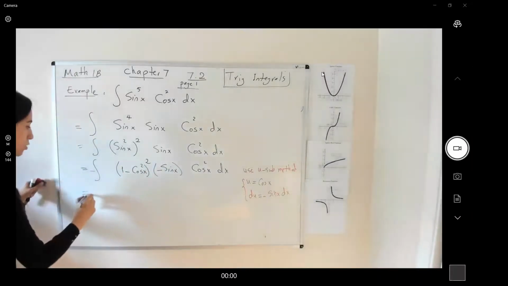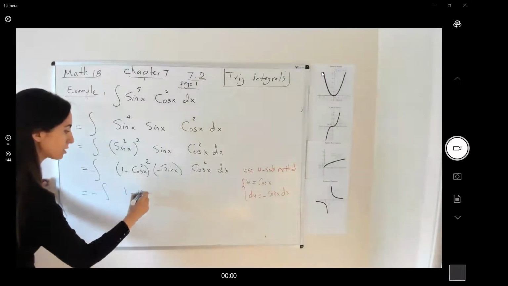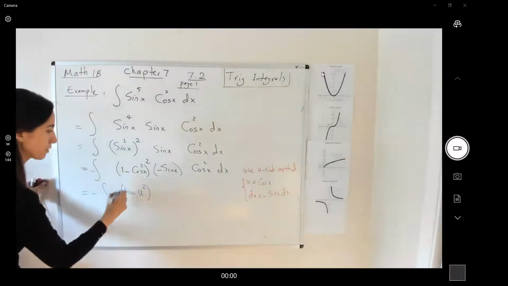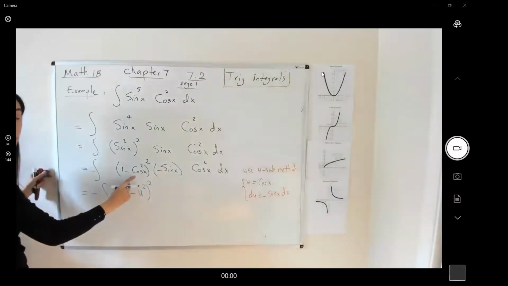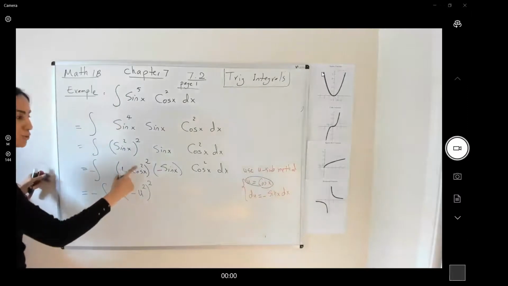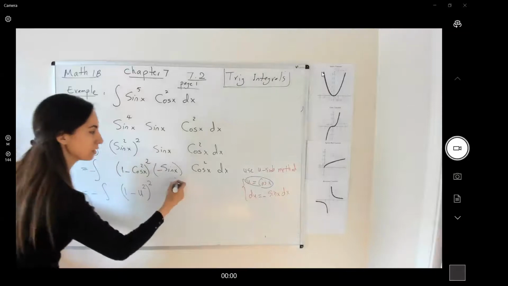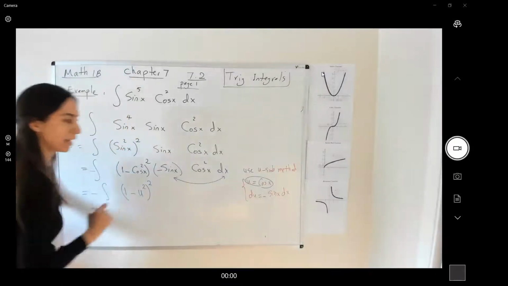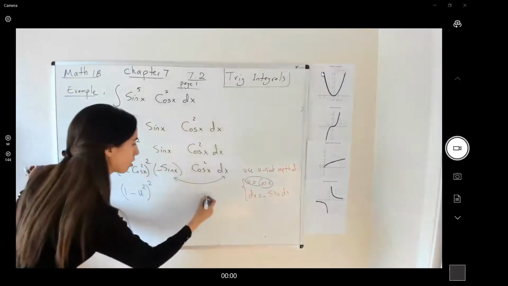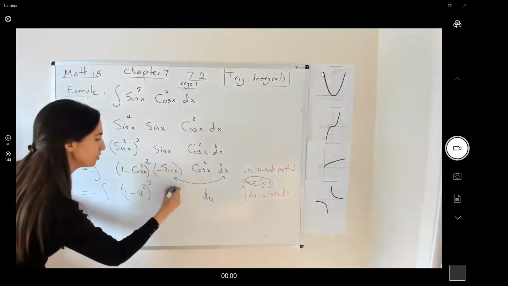So this is equal to minus integral 1 minus u squared raised to 2. Guys, remember that your u is just cosine. So you have u squared, cosine squared, u squared. This, along with dx, is your du. So let us copy this guy down here. And cosine squared is u squared.